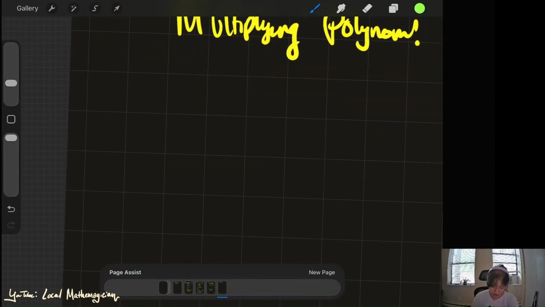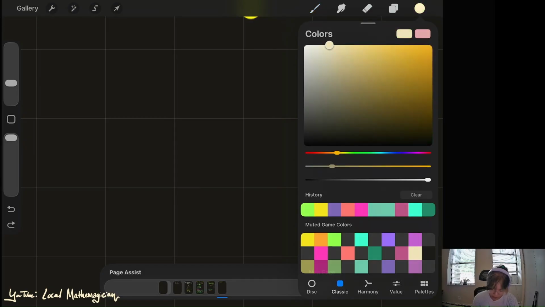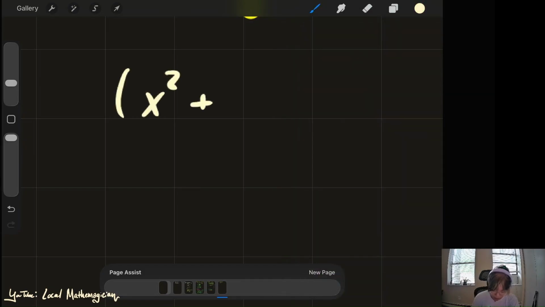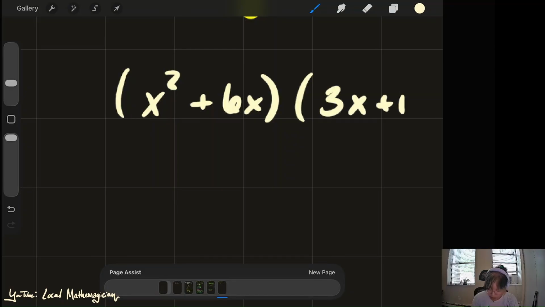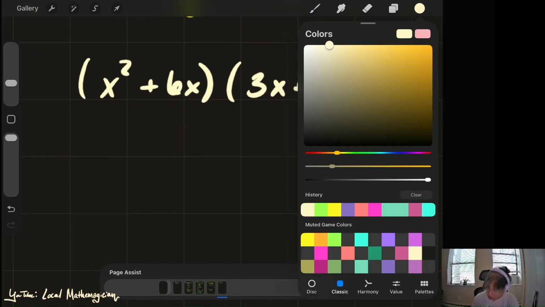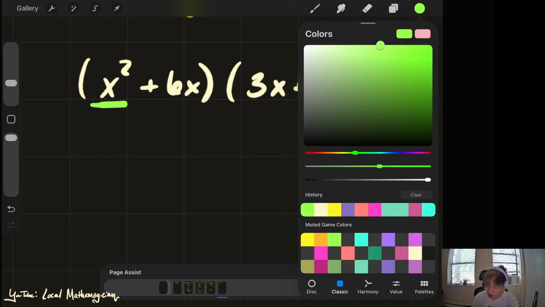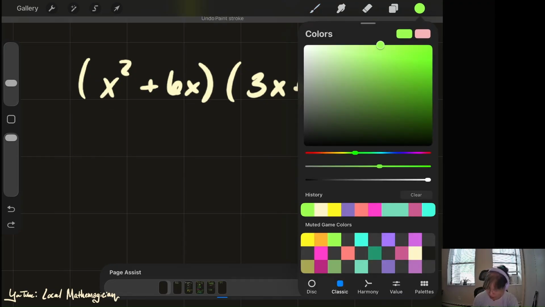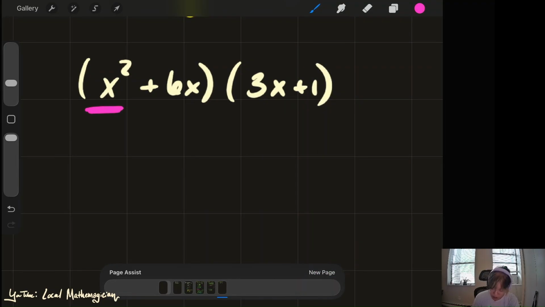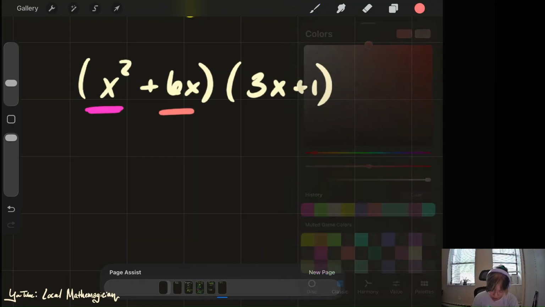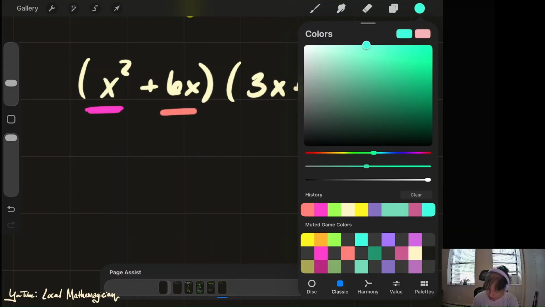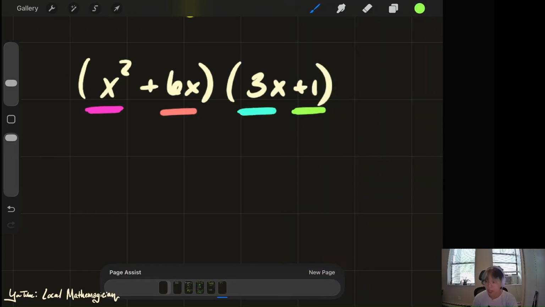Hear me out. X squared plus 6x times 3x plus 1, right? Let's do some distribution. We'll distribute this first, okay? So I'm actually going to color code all of the pieces for you. So I'm going to call this pink, I'm going to call this orange, I'm going to call this blue, and I'm going to call this green, okay?